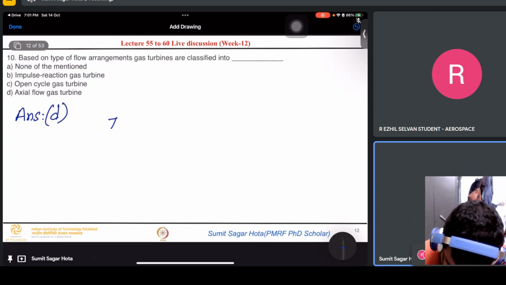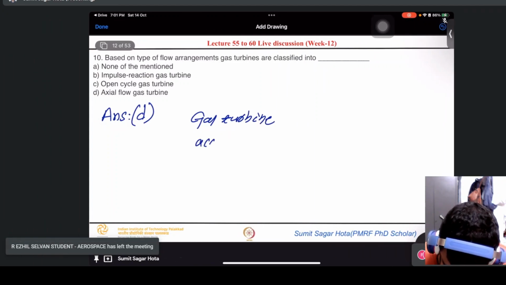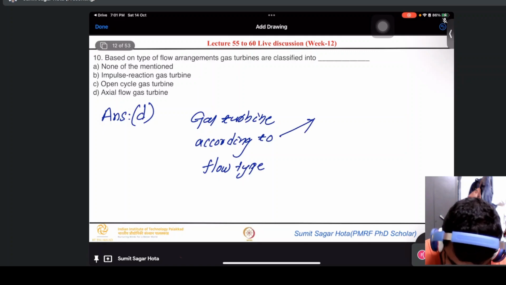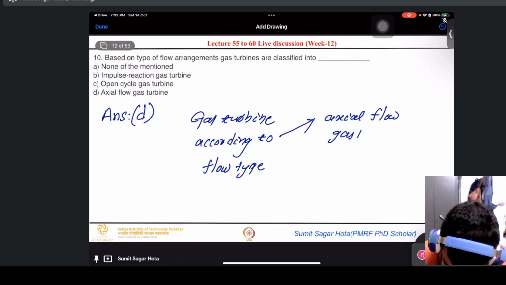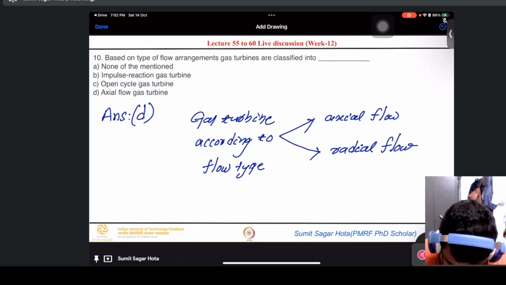Actually, one is axial flow and another one is radial flow.